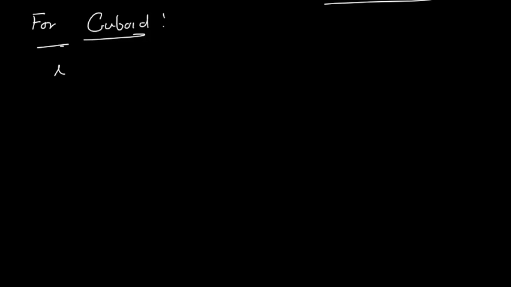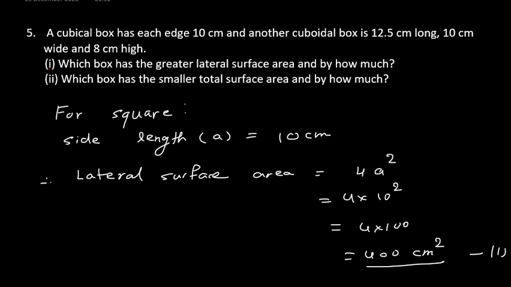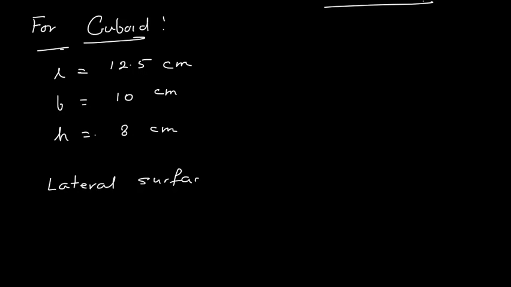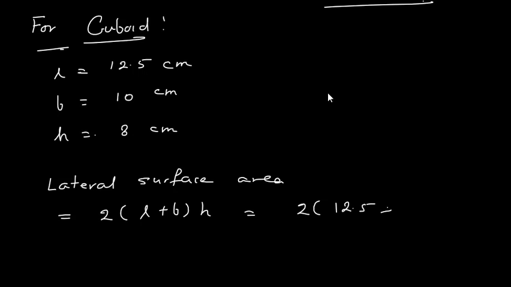Now for the cuboid, length, breadth and height. Let us see what they have given: 12.5, 10 and 8. Unit is centimeter. So first lateral surface area is equal to 2 into L plus B into H. So this gives you 2 into 12.5 plus 10 into 8.